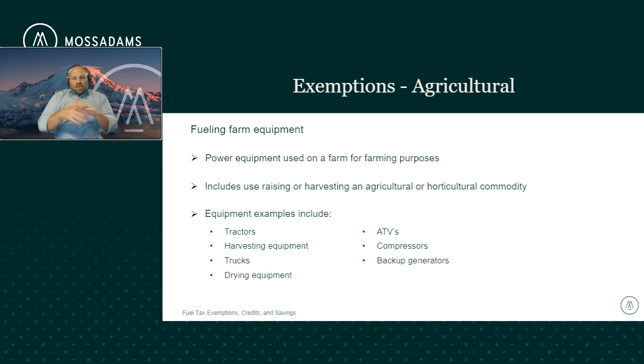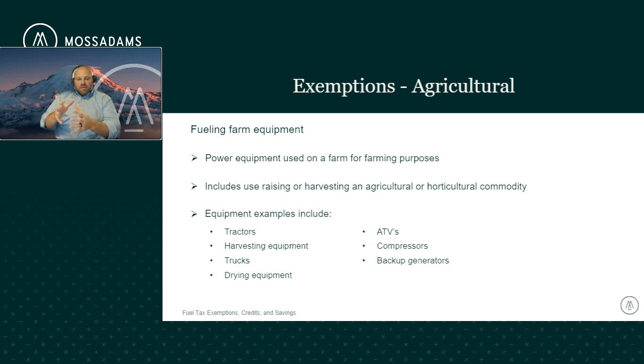But if you look at the kind of equipment that is listed on this slide, you'll see that most of that is going to be off-road equipment: ATVs, compressors, generators, combines, tractors, grain drying, nut drying type of equipment that all runs separate. Depending on how you buy that fuel, you can be paying tax on that.